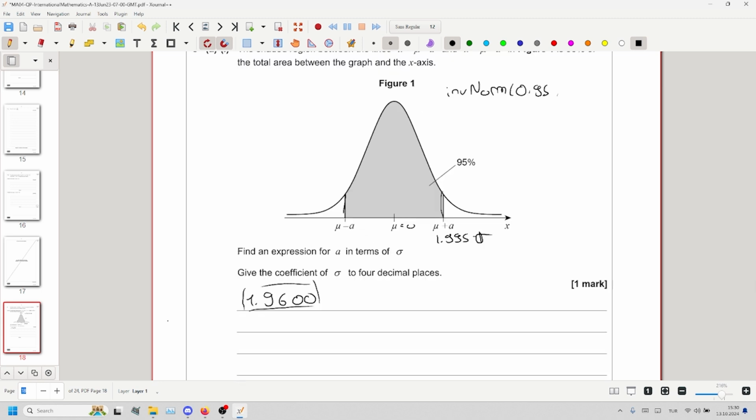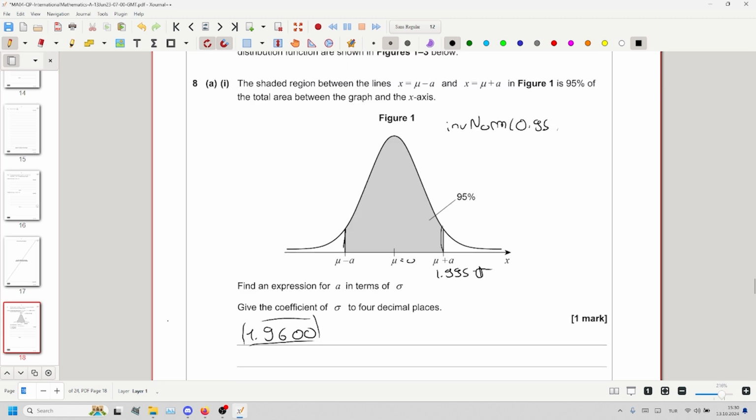Now, for the TI Inspire, I believe there isn't a center tail or a right tail for the inverse norm, so TI Inspire users have to do it with a left tail.